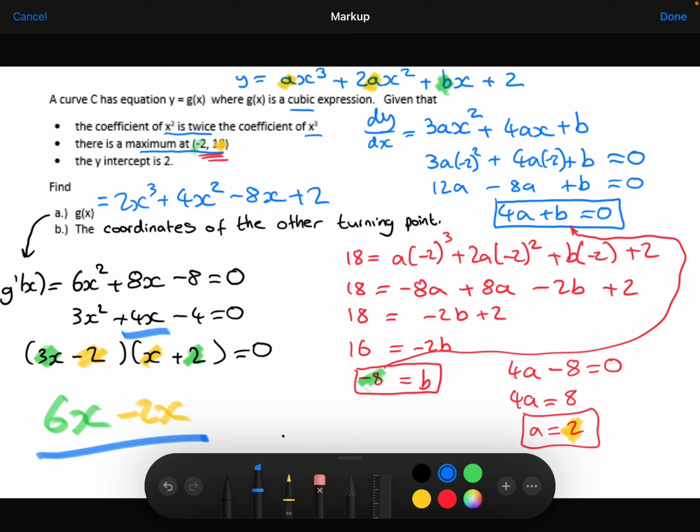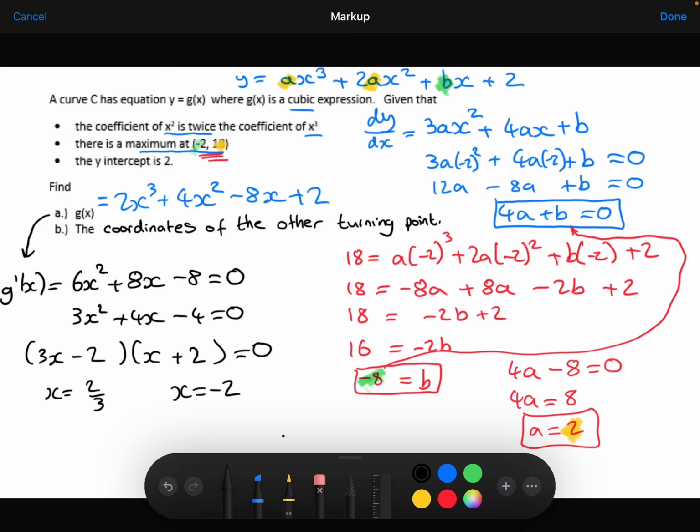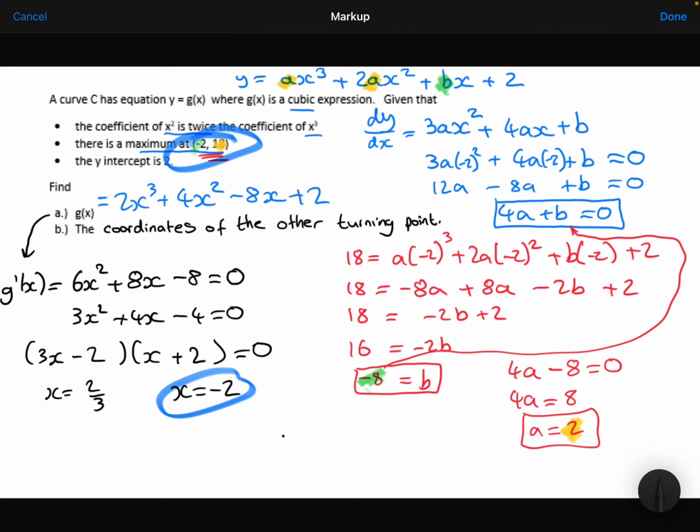And this gives me the 4x. So I know that x is either 2/3 or minus 2. The minus 2, I already knew about that point, so don't worry about that. That's the maximum point. So the 2/3 is the one I want.